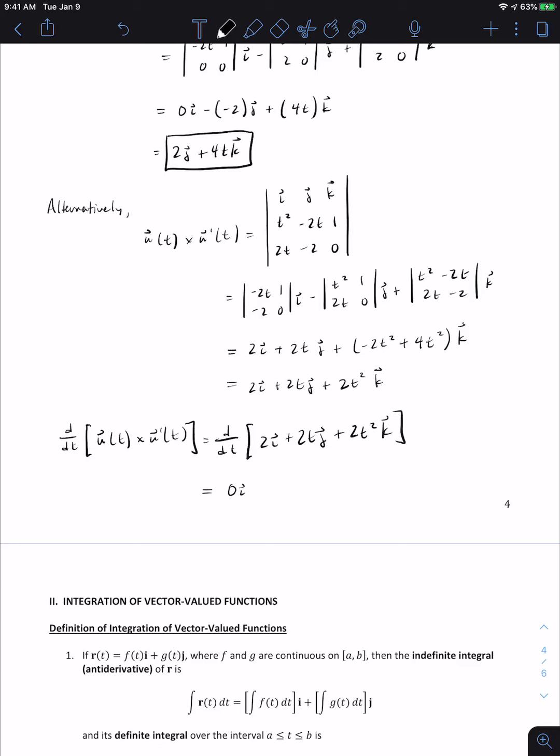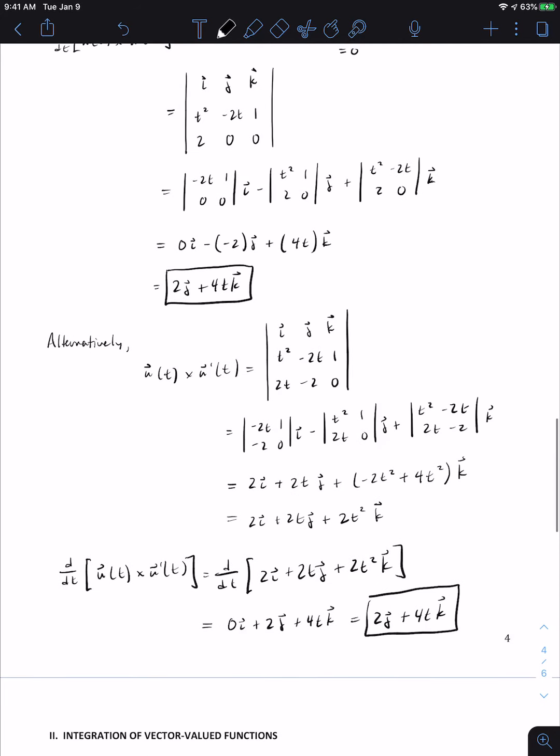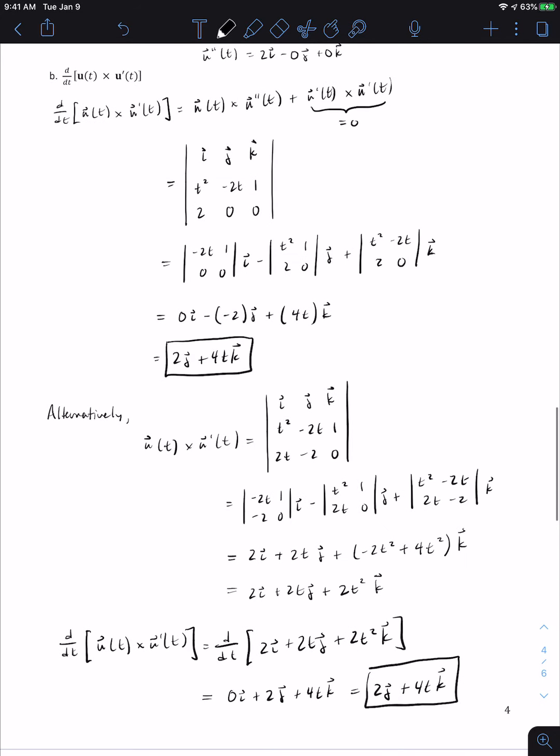So I get 0i plus 2j plus 4tk, which is 2j plus 4tk. Notice that's the exact same answer we got before. However, the cross product in this case was a little more complicated than the cross product above when we used the formula. So in this case, the formula is easier.